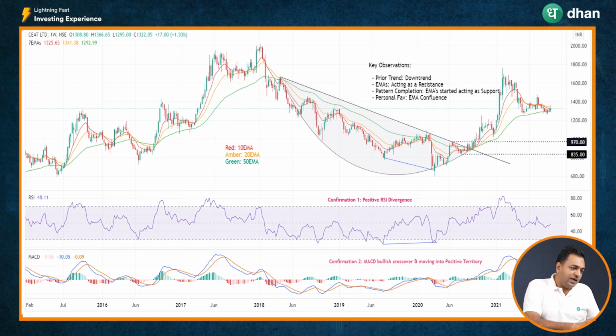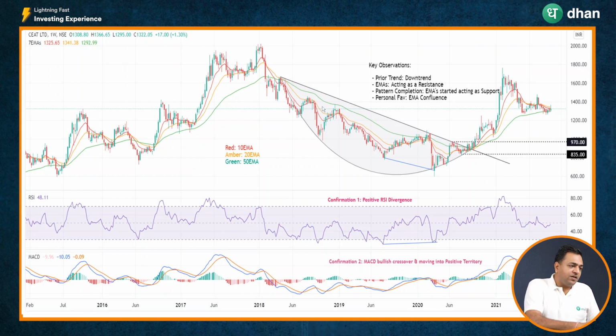So as I can see, I am having a visible positive divergence in the RSI here, and I am also able to see that the MACD is venturing into the positive territory from the negative territory. So these are all very positive indications that the pattern seems to be now complete, and upon the completion of the pattern, you would see that the stock price volatility is low as compared to the prior period.